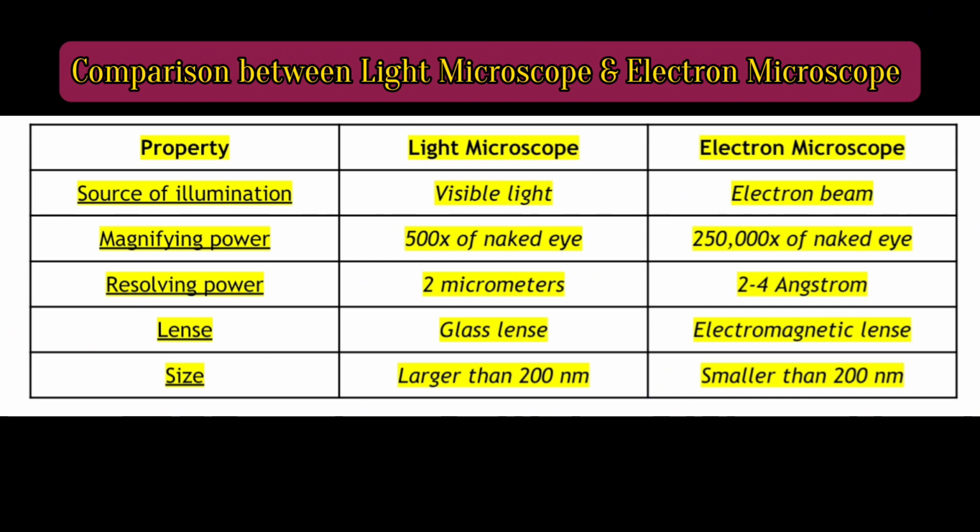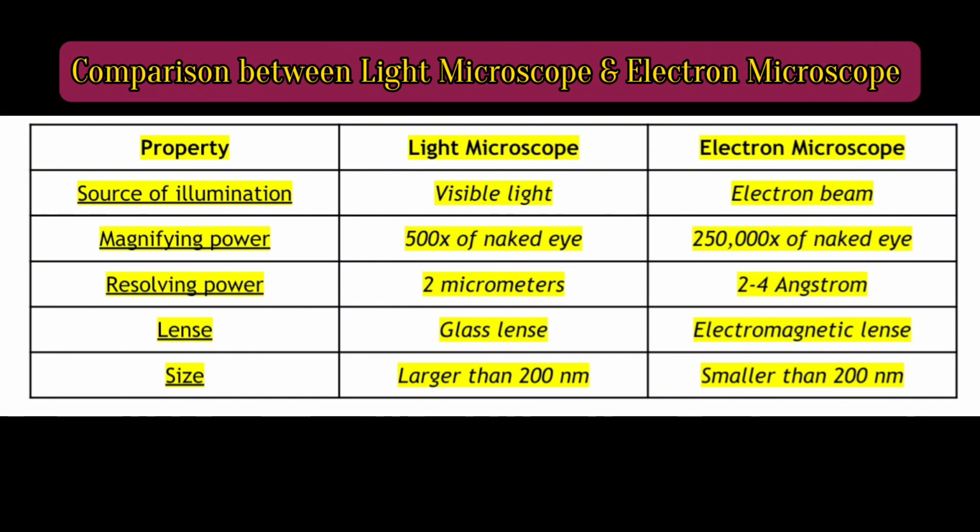A glass lens is used in the light microscope, whereas an electromagnetic lens is used in the electron microscope. The light microscope is normally used to observe objects that are larger than 200 nanometer in size, and the electron microscope is used to observe objects that are smaller than 200 nanometer.